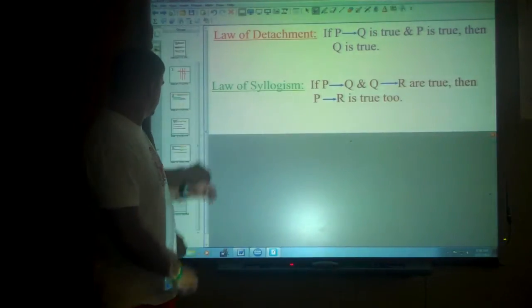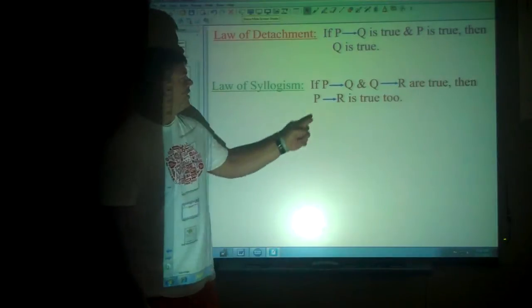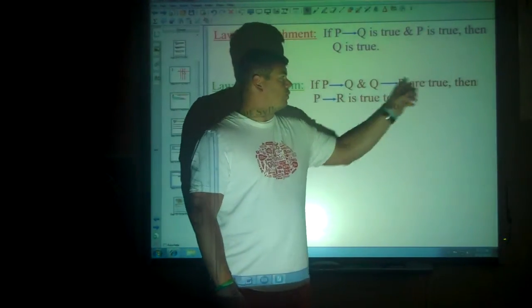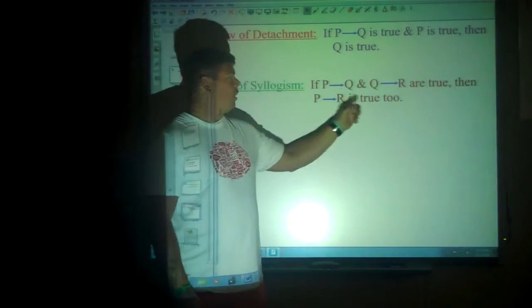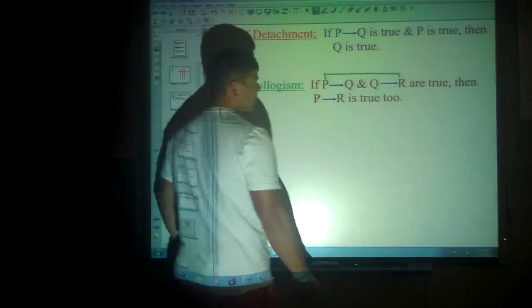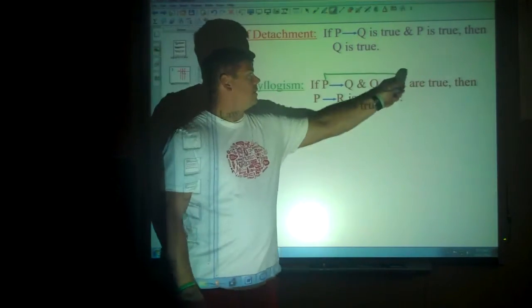And then the law of syllogism. The law of syllogism states that if P, then Q, and if Q, then R are true, if both of those are true, then P to R is also true. In other words, going from here to here. A really good way of saying that is this.